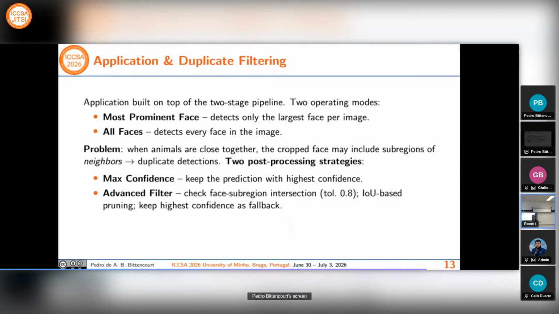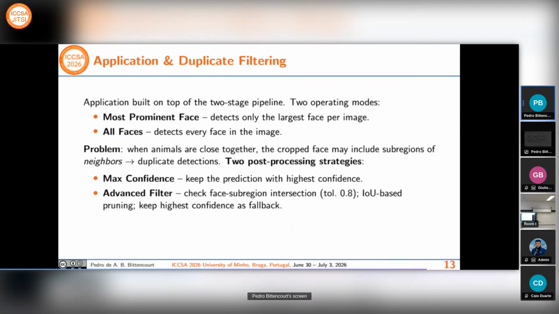Yeah, it's okay. Another question is why didn't you use the recent YOLO models, like YOLO 11 or 12, maybe? Okay, so we have trained with these models too, after the publication of the paper, but we haven't seen improvements in these recent models.